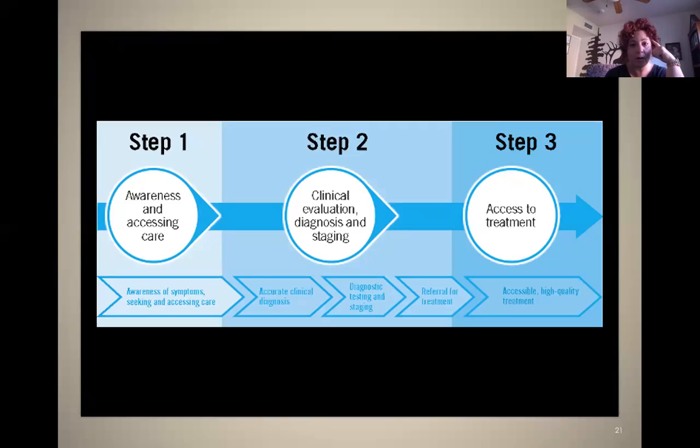When you're in the shower, you gotta wash them anyways, might as well just do a self-exam. And for males, a testicular exam. Both of those things are really important, just to assess if there's any sort of abnormality. So awareness is the first thing, and then having access to care and actually getting care.